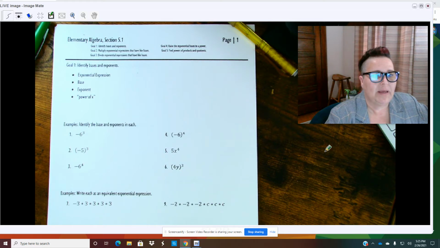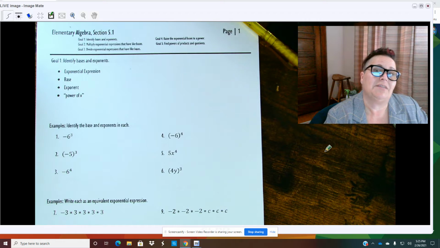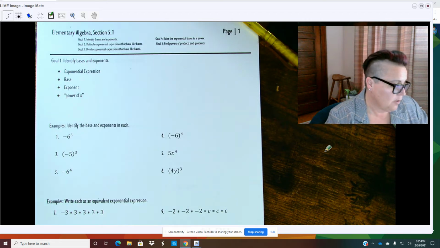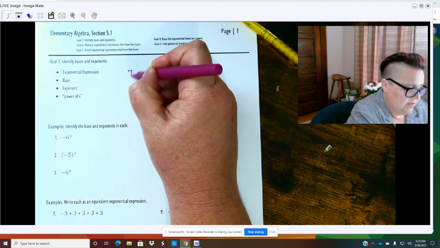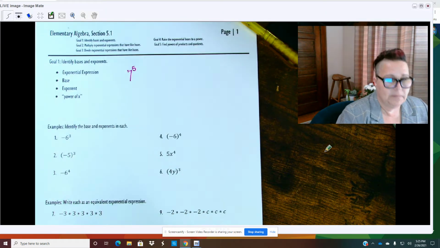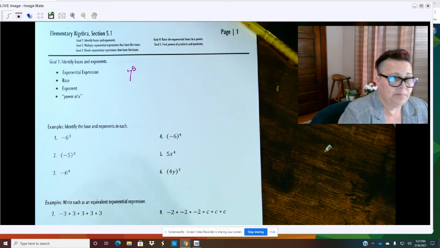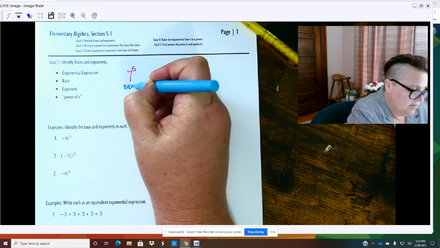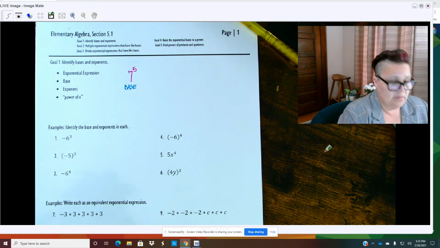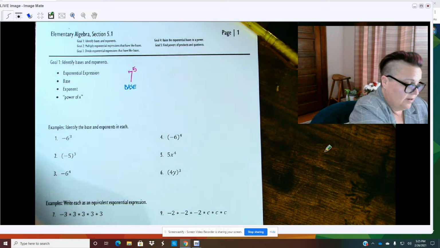So we're going to begin by looking at bases and exponents in what's called an exponential expression. For example, if you see something like 7 to the 5th power, this is an exponential expression. 7 is our base. That is the number that is a factor. 5 is our exponent.